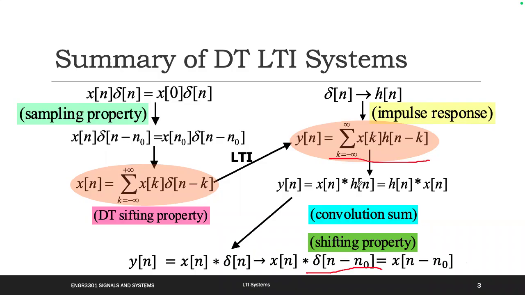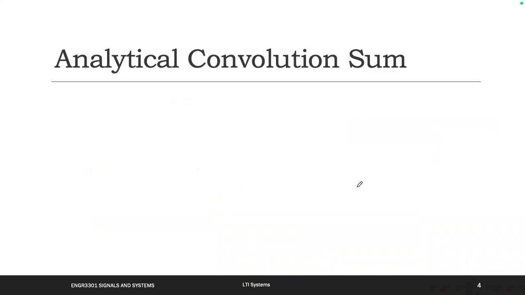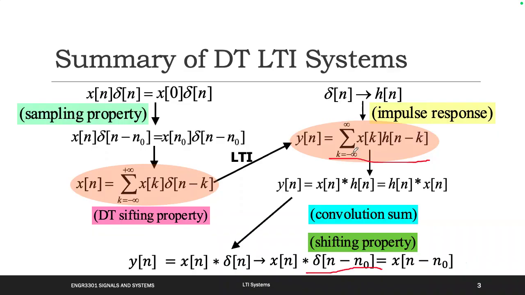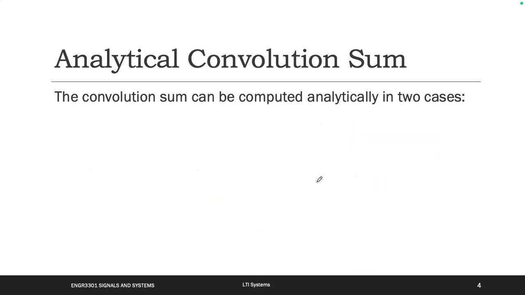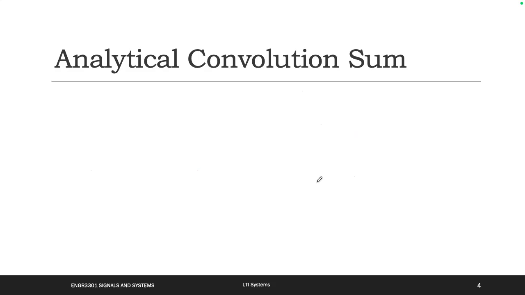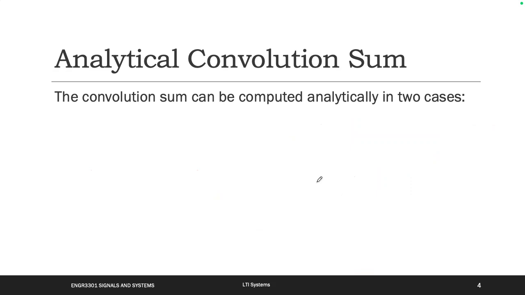Usually you will have the input signals and the impulse response, and what you want to do is use convolution to find the output, am I right? The convolution sum can be computed analytically in two cases.